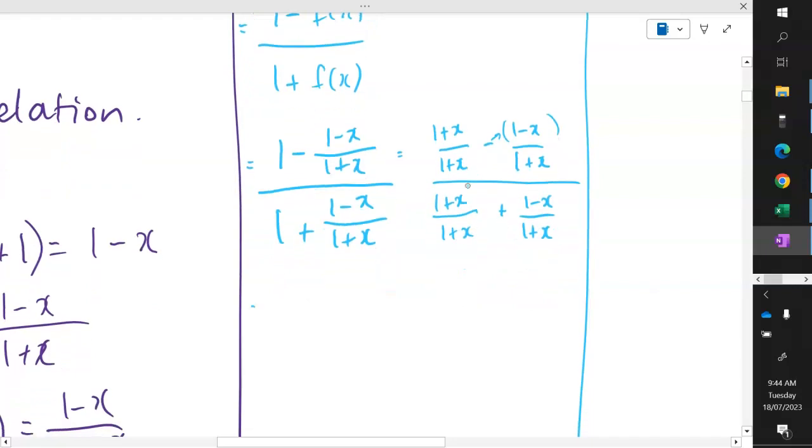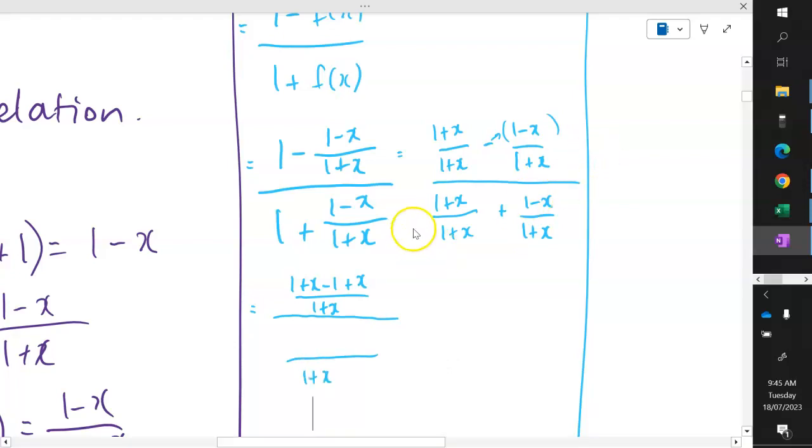Okay, now let's neaten them all up. On the top, everything is over 1 plus x. And I'm going to have my 1 plus x on the left here. But that minus is going to carry through to be minus 1 plus x. My bottom line, I have a 1 plus x.